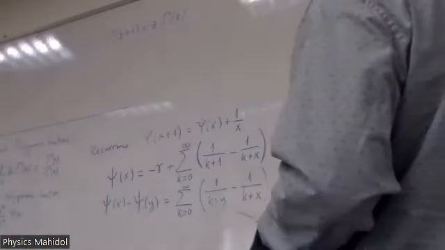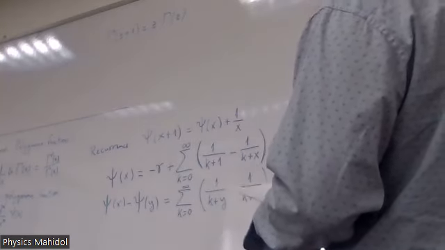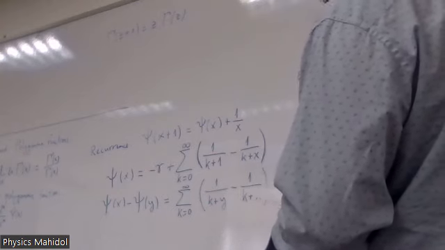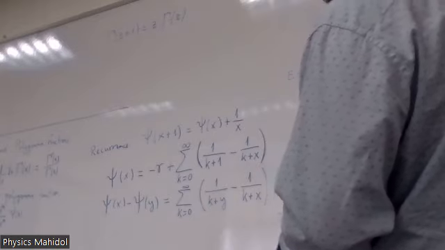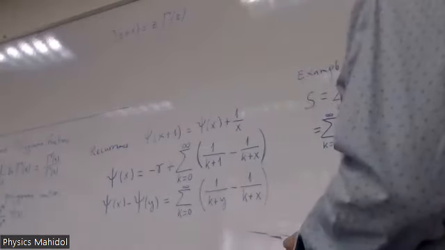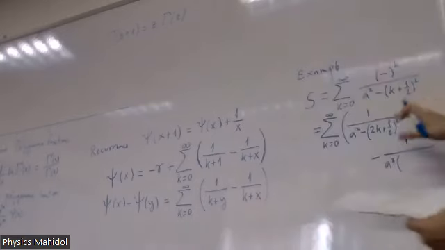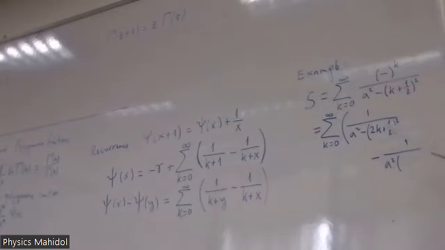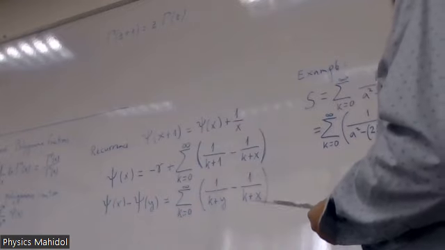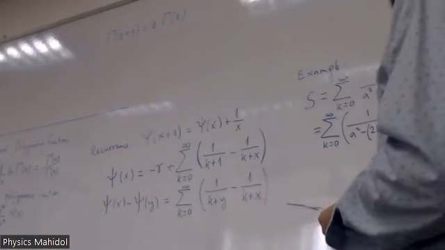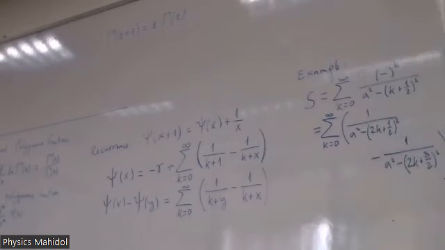So the positive terms will become the sum of 1 over a squared minus 2k plus 1/2 squared for the even terms, and then for the odd terms we'll have a minus, and we will have the same a squared, but these terms will be minus 2k plus 1, so plus 1/2 will be 2k plus 3/2 squared. Is this in the camera?